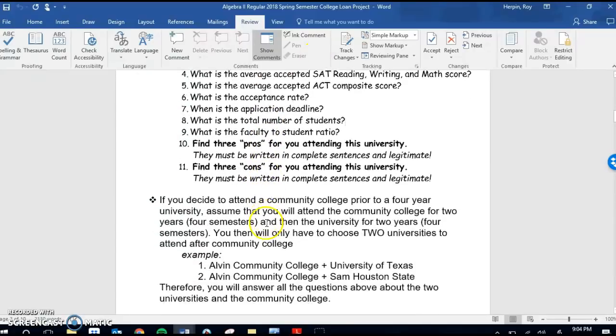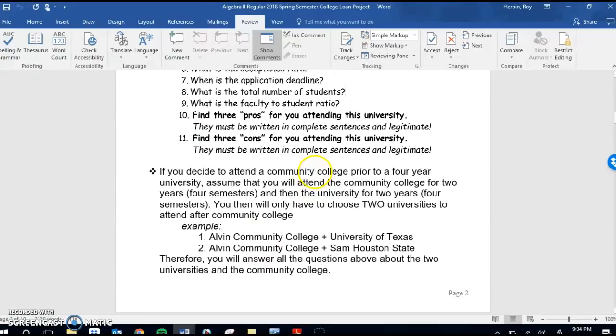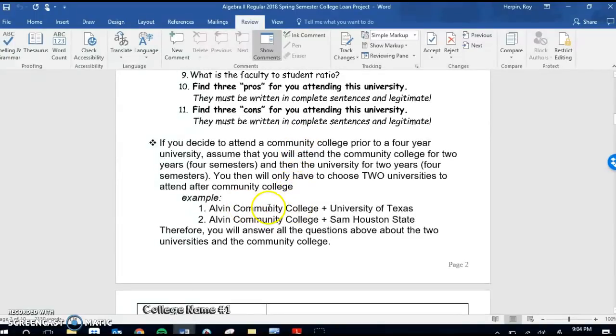So that's an example. If you're somebody who doesn't plan on going to university right away or ever, and you just want to do a community college and get your associate's degree and then transfer to a university, then the way you're going to do it is you're going to pick your community college and then you're going to pick 2 universities.